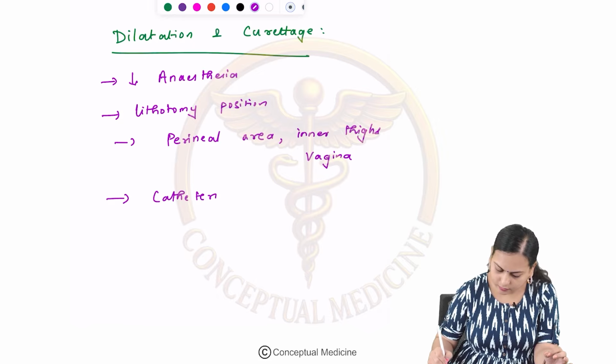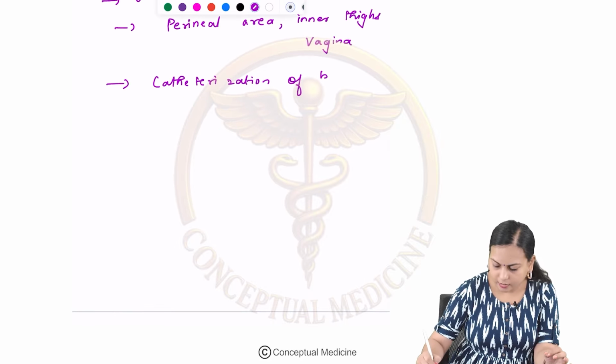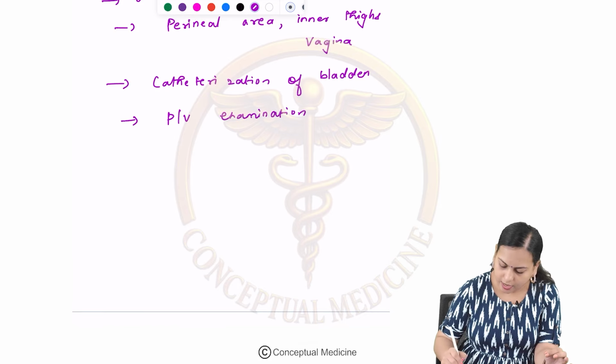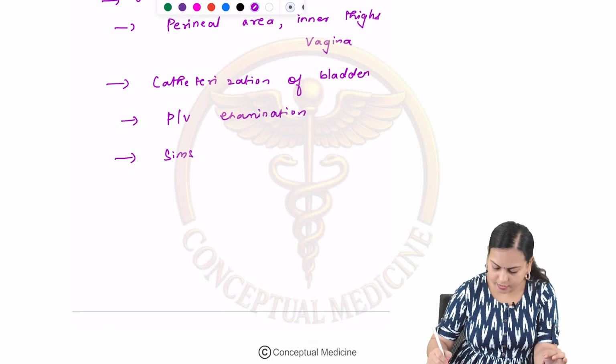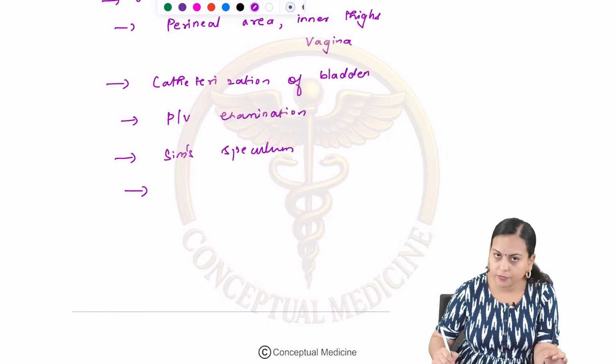Catheterization of the bladder will be done, and after this, please perform an on-table per vaginal examination. After this, you will insert a speculum to retract the posterior vaginal wall.